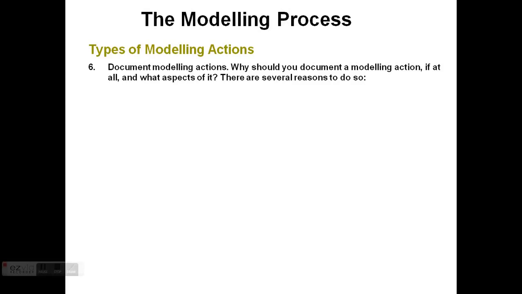We also look at the document modeling action, and this is just another action of modeling. While this will often be too much of a burden, documentation and administration of all or some modeling actions may be useful. As such, we can do things such as being able to undo.